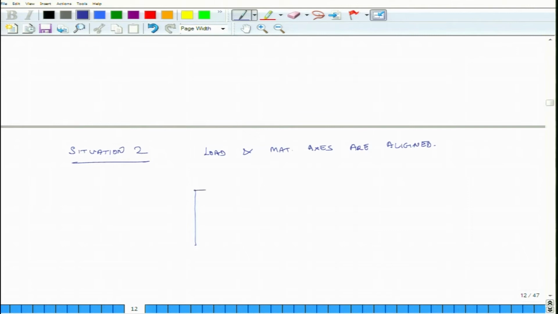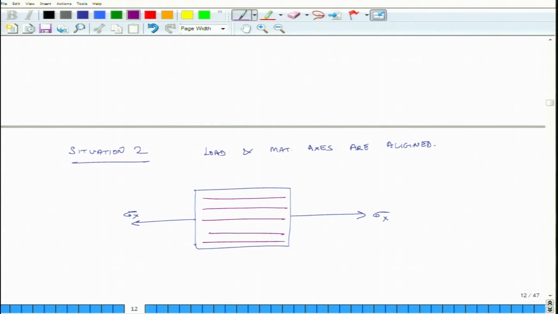You have the material, let us say this is sigma x, and the fibers are either in the L direction or in the T direction. In this case they are in the L direction. So, this is my L direction and this is my T direction.